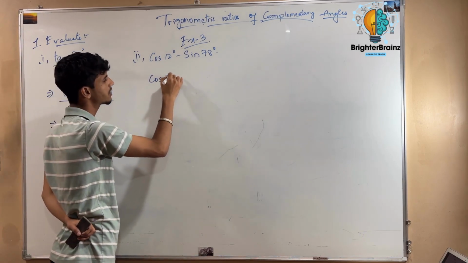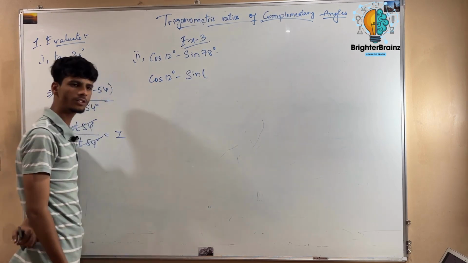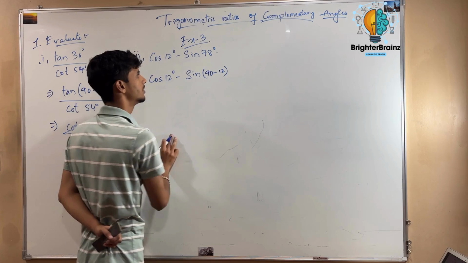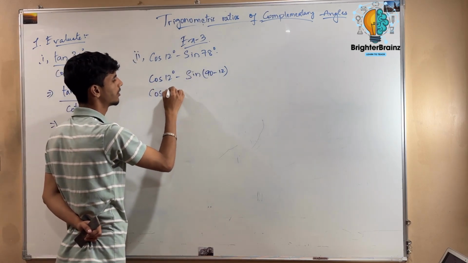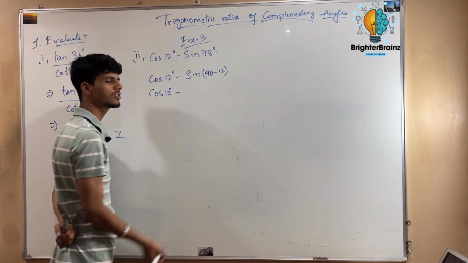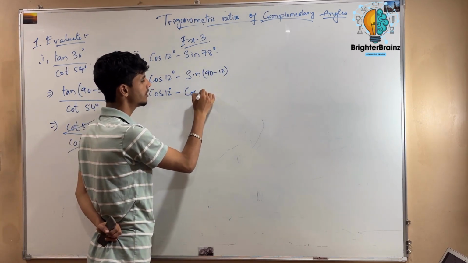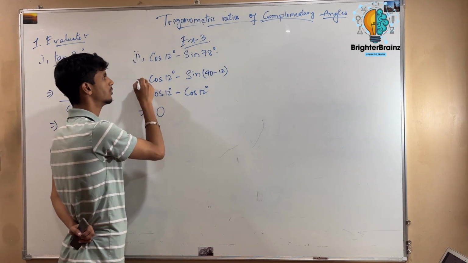So cos 12, let us keep it like that. And sin of, can we split this 78? 78 is nothing but 90 minus 12. So cos 12 minus sin of 90 minus x is cos x, that is cos 12 degrees. So cos 12 minus cos 12 is 0.